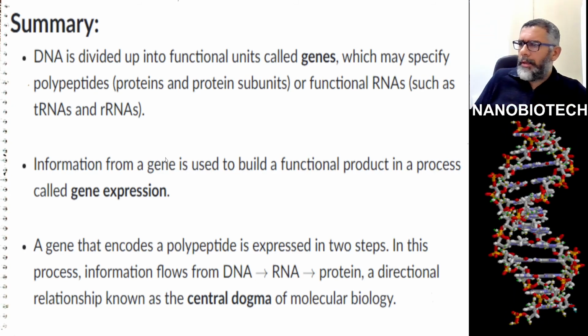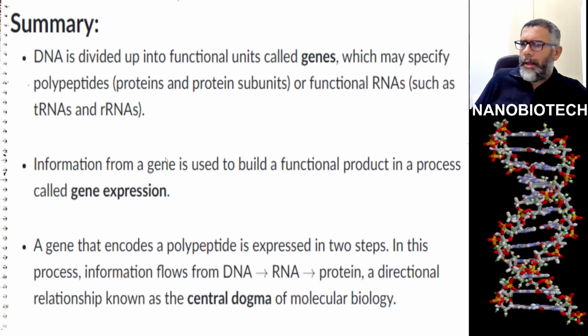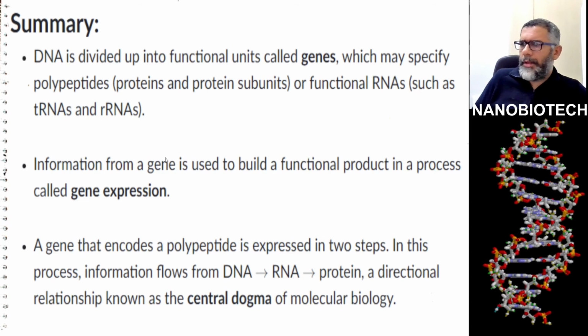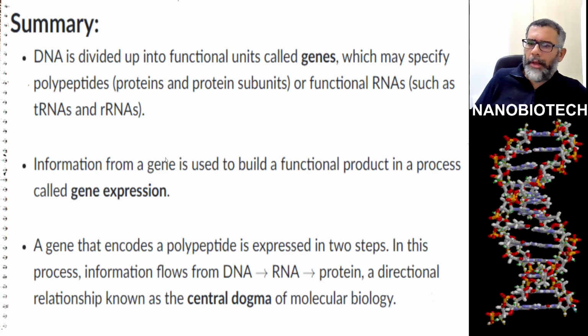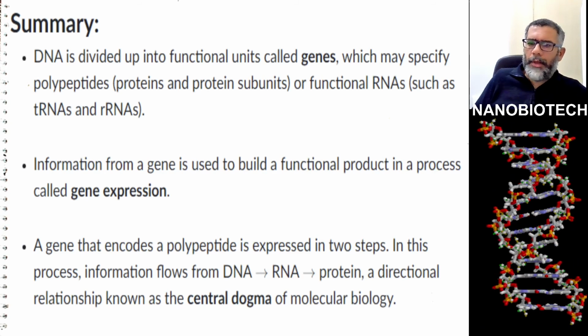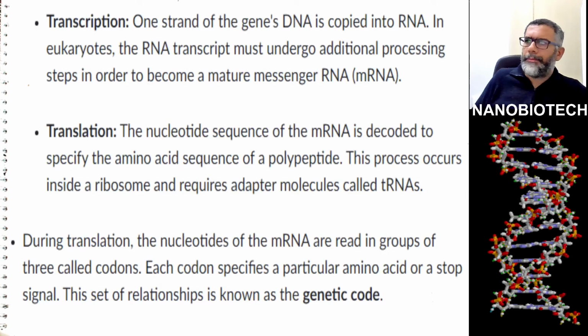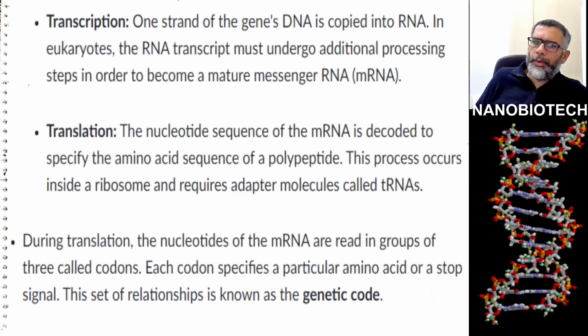A gene that encodes a polypeptide is expressed in two steps. In this process, information flows from DNA to RNA to protein, a directional relationship known as the central dogma of molecular biology. One strand of the gene's DNA is copied into RNA.